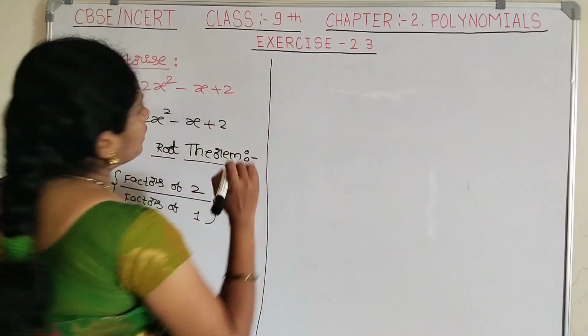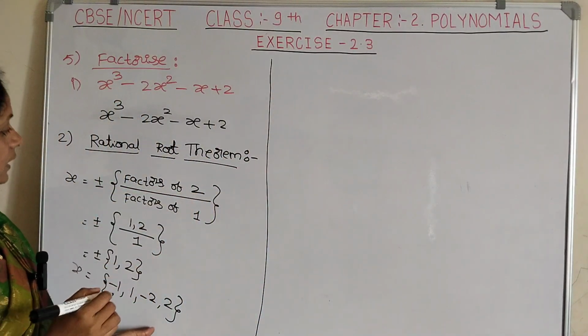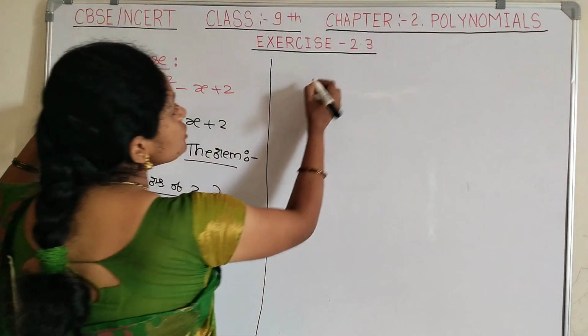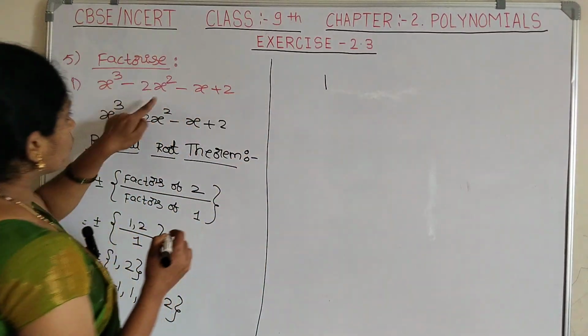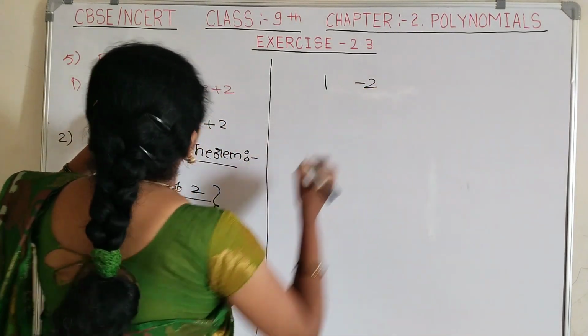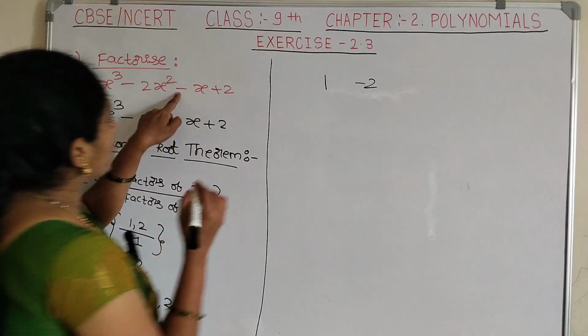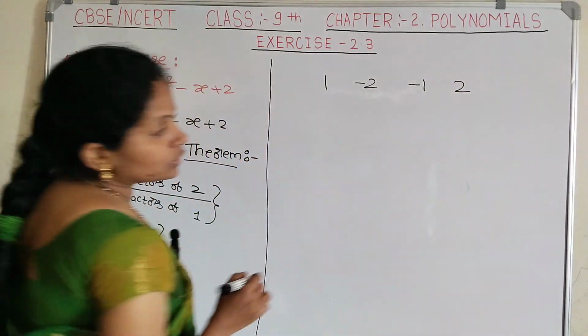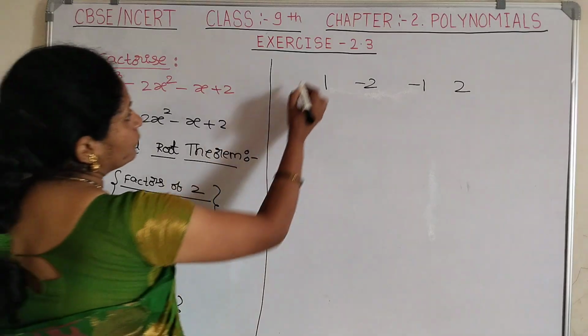Now, to proceed further, write down the coefficients. The coefficient of x cube is 1, the coefficient of x square is minus 2, the coefficient of x is minus 1, and finally write down the constant, which is 2.